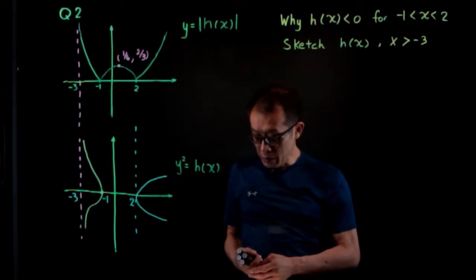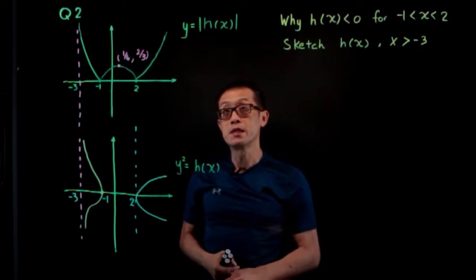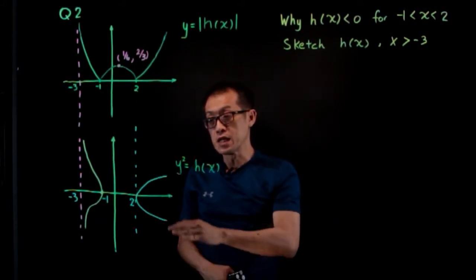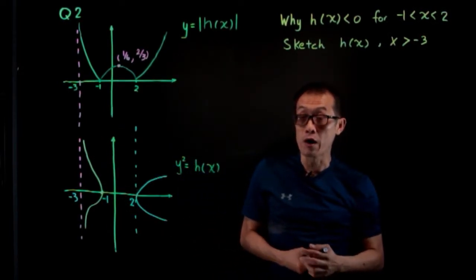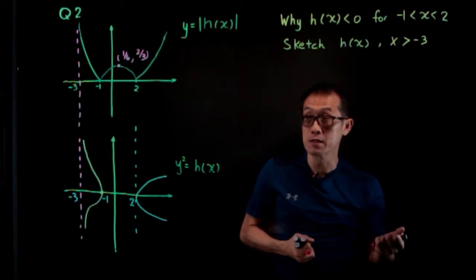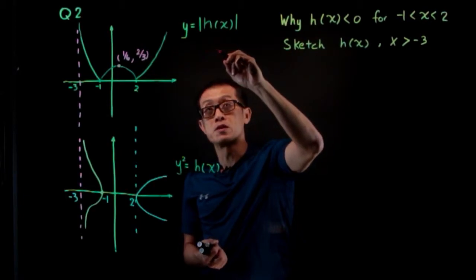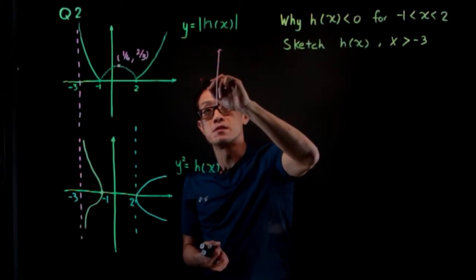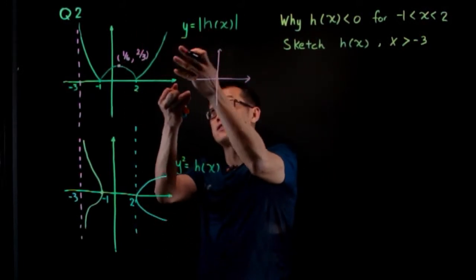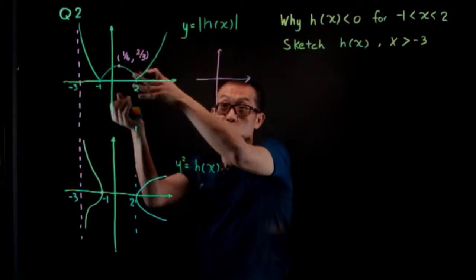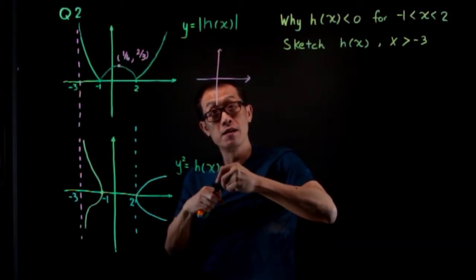Now, before we begin, let's look at some possibilities of h of x if this graph is not given to us. One possibility is this graph itself. H of x is like that, then mod h of x is also like that. This is one possibility. It can also be like this.